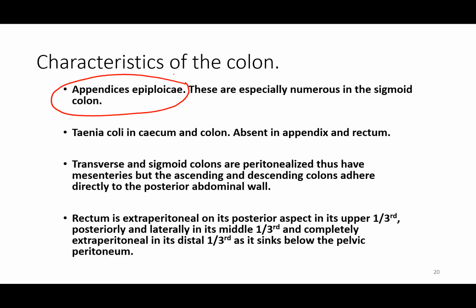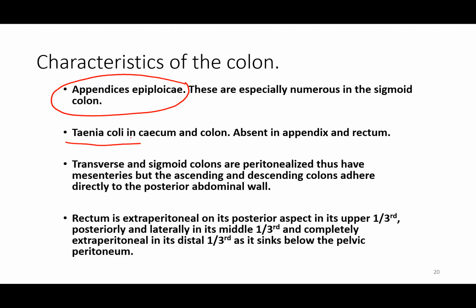It will guide you and lead you to the base of the appendix. And if you cannot get the tip because of difficulty where it is hiding, you now do what is called retrograde appendicectomy or retrograde appendectomy. So that is the taeniae coli. What do they arise from? The longitudinal muscle of the large intestine.